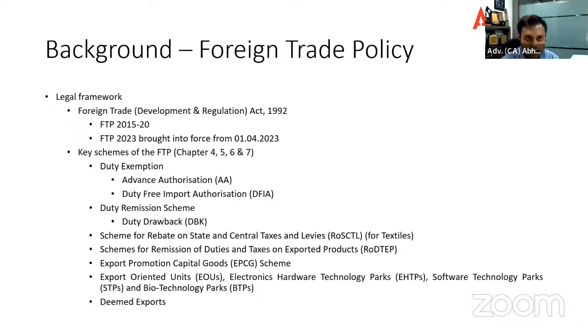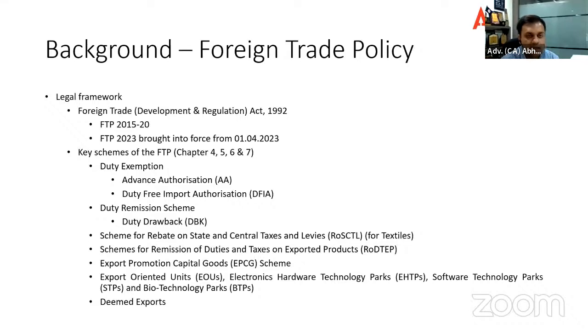When we talk about exemptions, the principal scheme from which a lot of exporters are availing the benefit is the scheme of advance authorization, where under the policy, an exporter can apply for a license. The exporter is permitted to procure certain inputs without payment of duties, which includes at times custom duty as well as IGST.